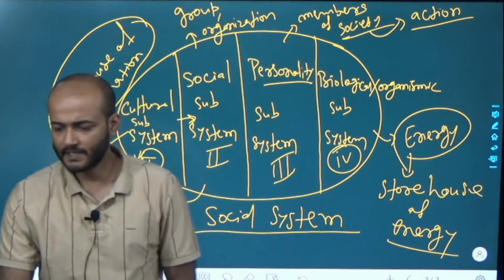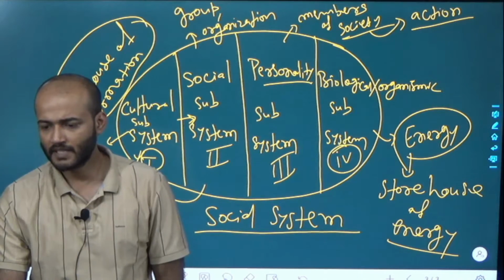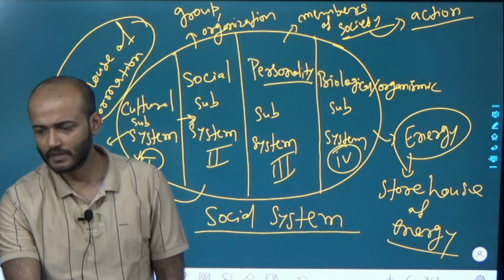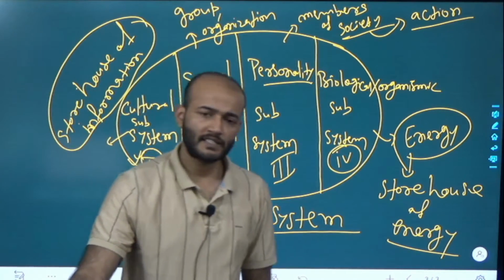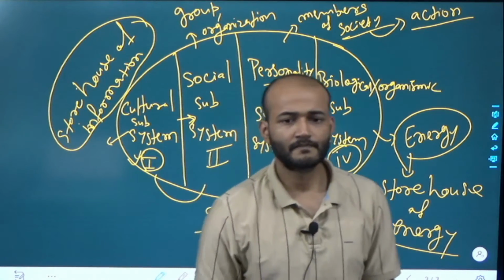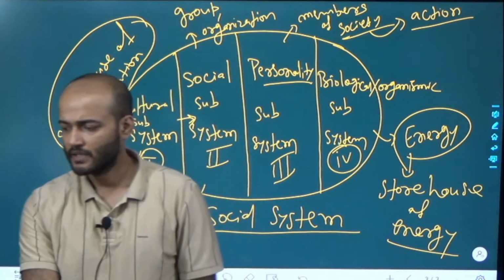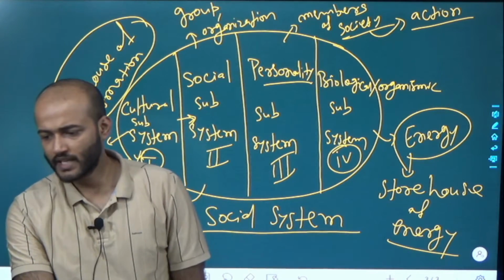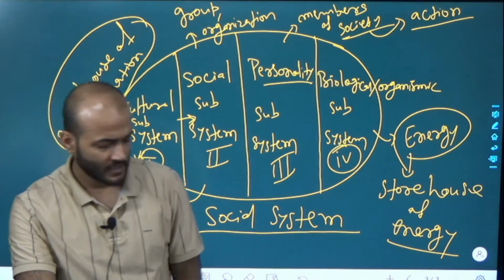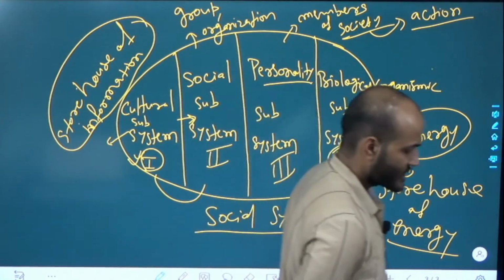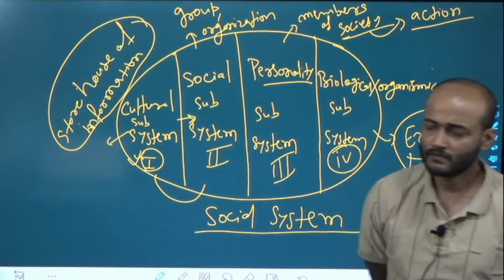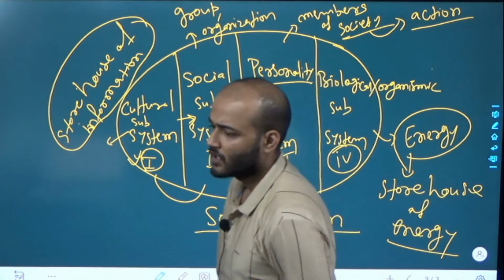Now next, write: personality system. It is concerned with the total social action of an individual.